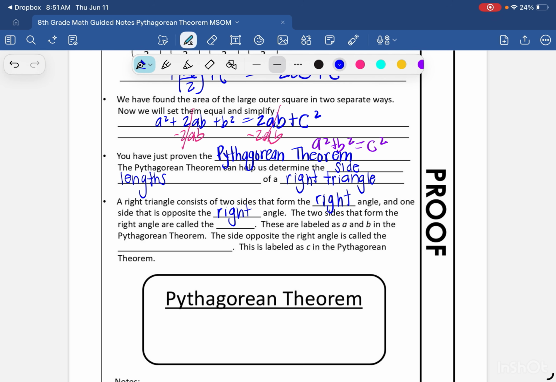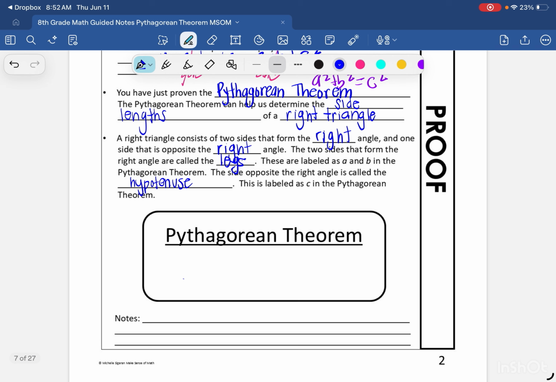The 2 sides that form the right angle are called the legs. They are labeled as A and B in the Pythagorean Theorem. The side opposite the right angle is called the hypotenuse, labeled as C. So the Pythagorean Theorem states that A squared plus B squared equals C squared.